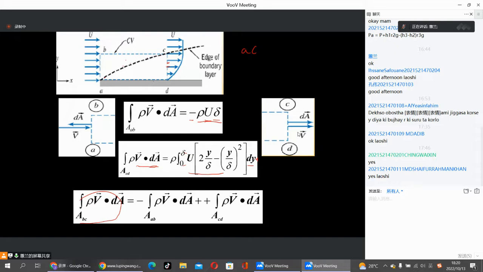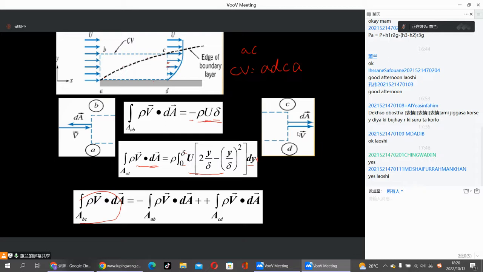But anyhow, I would like you to find out the volume flow rate across AC. How to do that? First thing, you need to choose a control volume, right? What will be the control volume? Here, how about choosing ADCA? The control volume is ADCA.